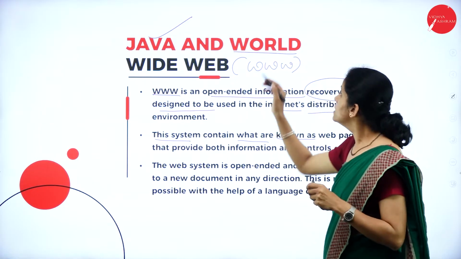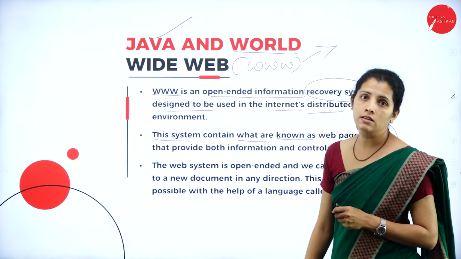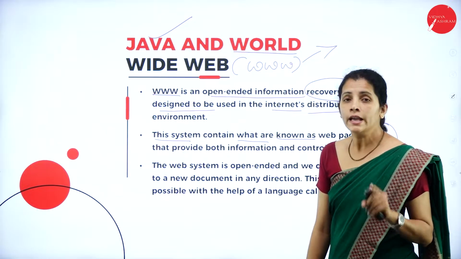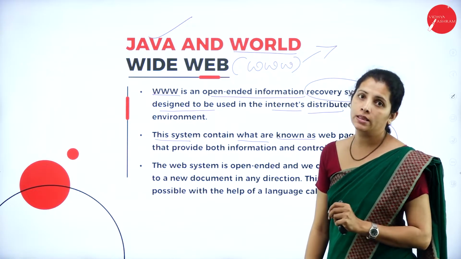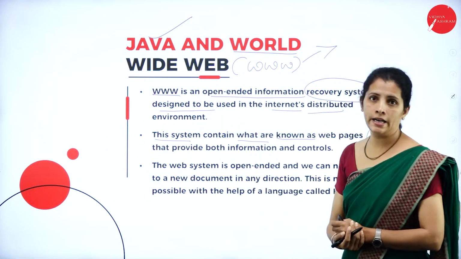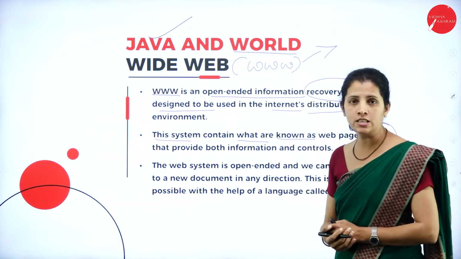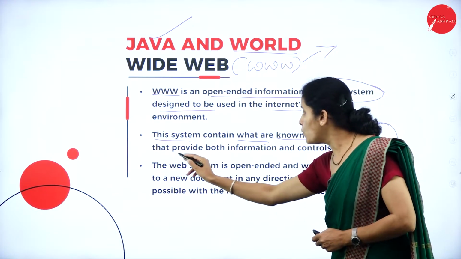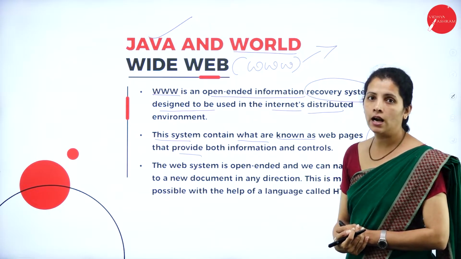Now, this system contains what are known as web pages. So here, www is a repository. It holds web pages along with websites. So this system contains what are known as web pages, and it provides both information as well as controls.